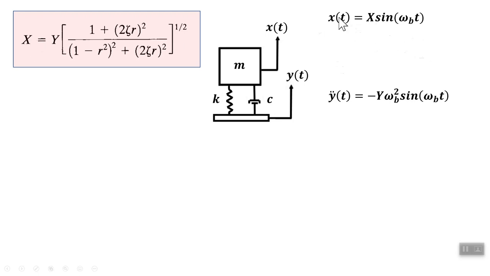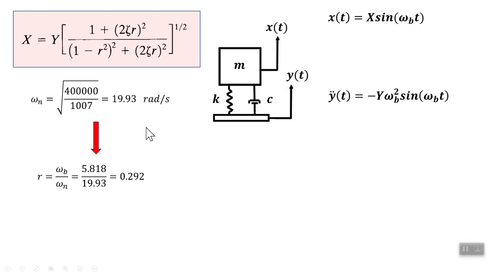And these types of things are done, as I said, in an elementary vibrations book. So the amplitude of the vibration of the compartment in terms of the amplitude of the base road profile is given by that. The natural frequency is, of course, square root of k over m. You need that in order to calculate big X, you need this frequency ratio, which is the ratio omega b over omega n, which happens to be 0.292.